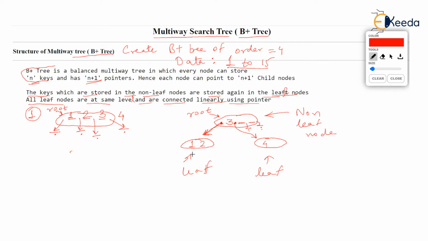Then you can make a rule that 3 will always go to the left of 3. That is, values which are equal will always go to the left. So all values which are less than or equal to 3 will be added to the left of 3, and all values which are greater than 3 will be added to the right of 3. Now this rule you have made.